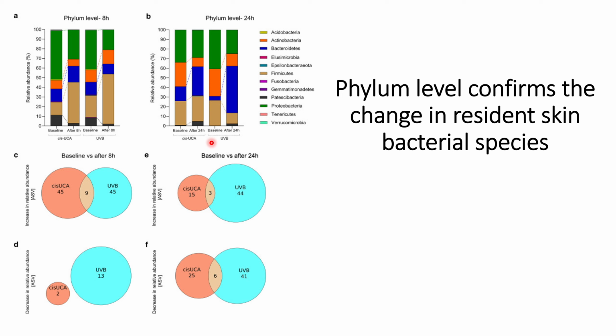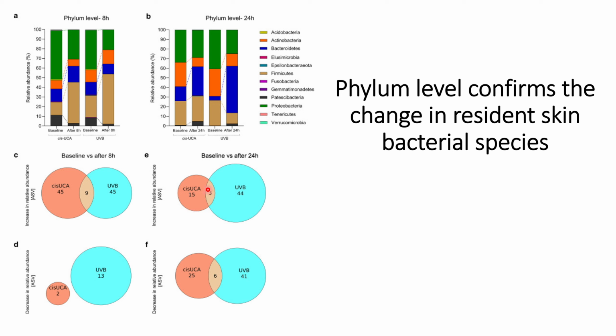And for the mice exposed to UVB, they have seen a further increase in these bacteroidetes and a decrease in the firmicutes. So this indicates that different kinds of resident bacterial species changes occur when they are exposed to either cis-UCA or UVB.